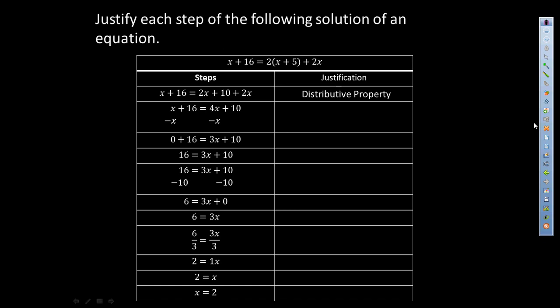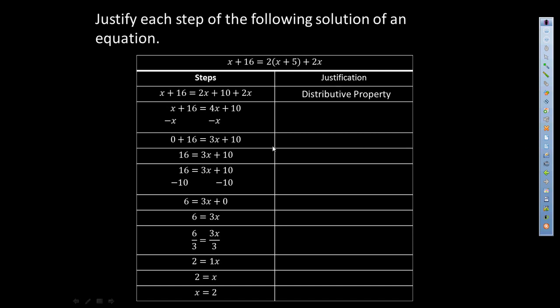If you look carefully, in the next step we're subtracting x from both sides. We can do that because we have x's on both sides, but we only have one x on the left side of the equation, so 1x is the maximum number of x's we can take away. But since we're taking away the same number of x's, that's an example of the subtract property of equality. Right here we have x, and we're taking away x. x and negative x, you could look at it that way.